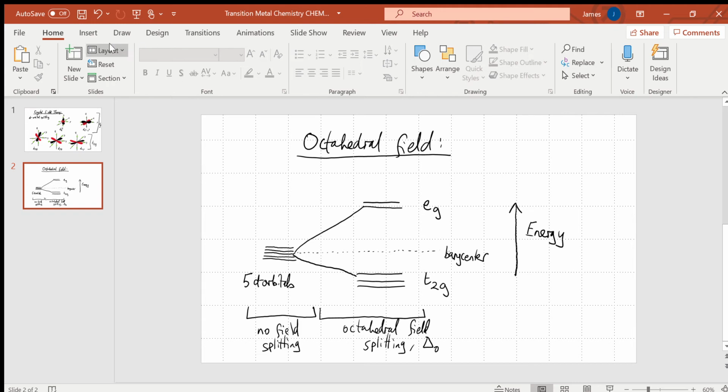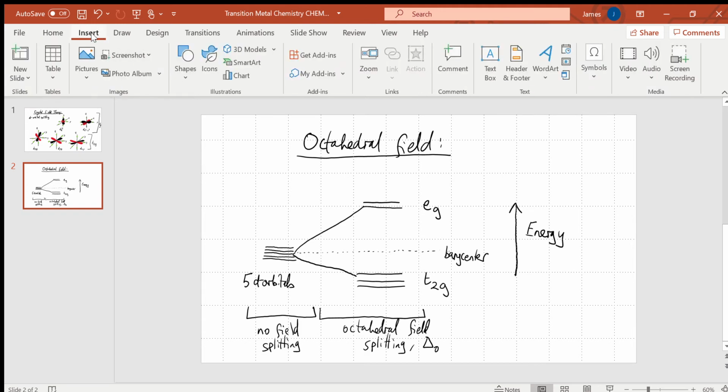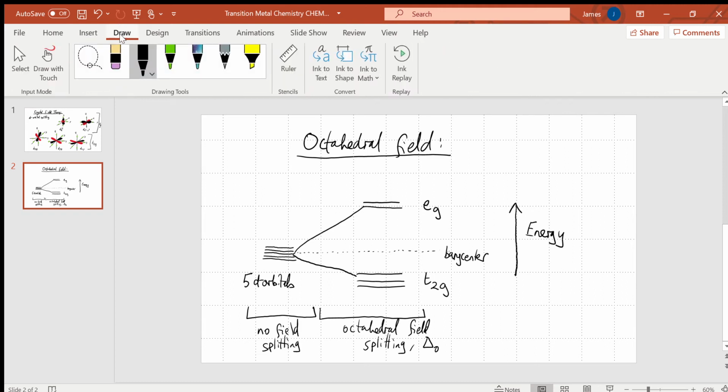Let's change the color of our pen. So this whole thing here, I can draw it straight. This whole thing here we'll call delta O. That's the total field splitting.